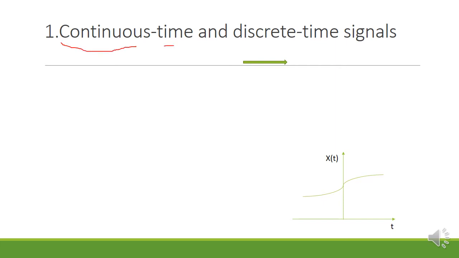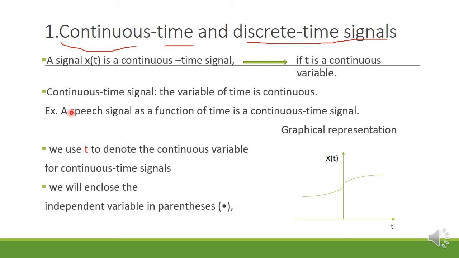Continuous time and discrete time signals. First, let us see what we mean by a continuous time signal. We already said that a signal is a representation, and it is represented as x of t, which means it is a function of t.